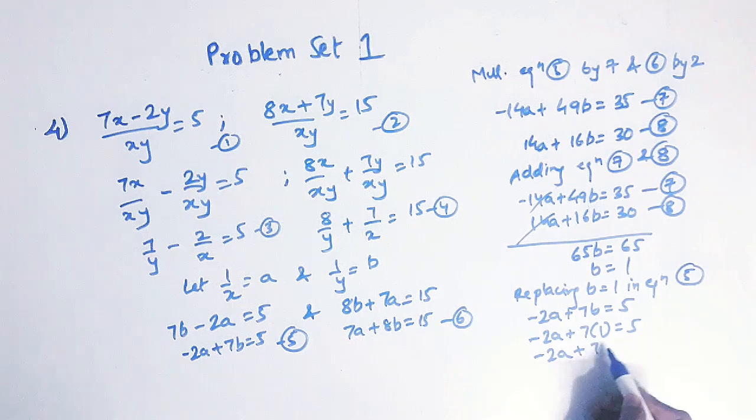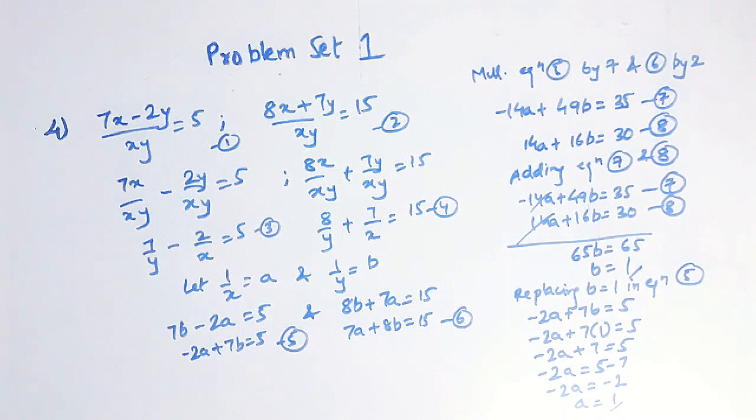Minus 2a plus 7 equals to 5. So minus 2a equals to 5 minus 7, so minus 2a equals to minus 2. Minus minus gets cancelled, so a equals to 1. So we got the value of a as 1 and b as also 1.